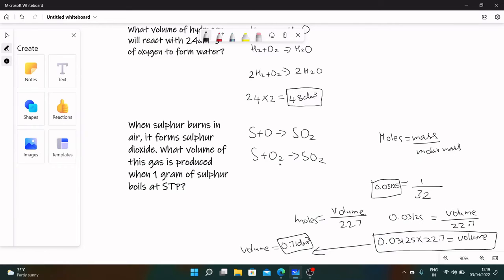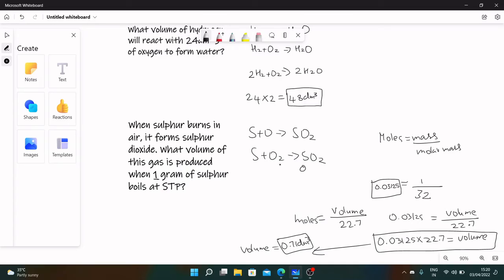Now over here, we said 1 mole of sulfur reacts with 1 mole of oxygen to produce 1 mole of sulfur dioxide. So when you're taking 1 gram of sulfur, it is 0.03125 moles.